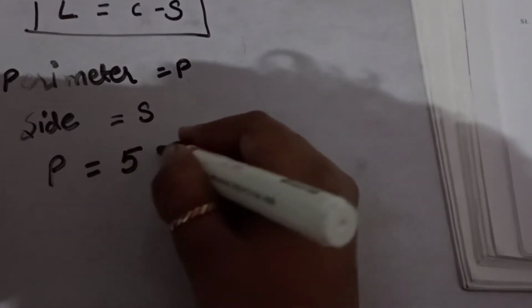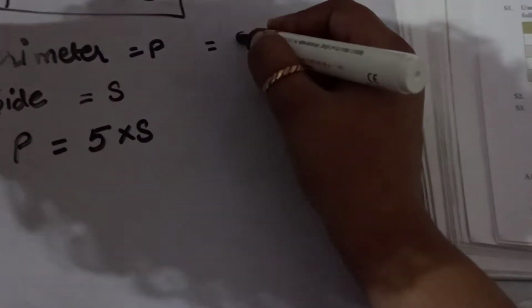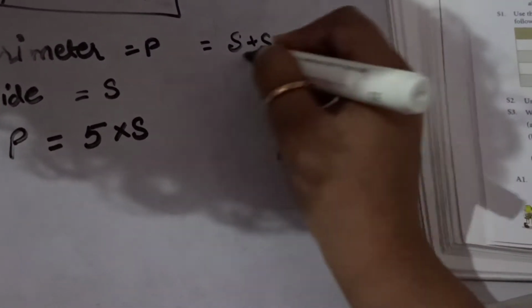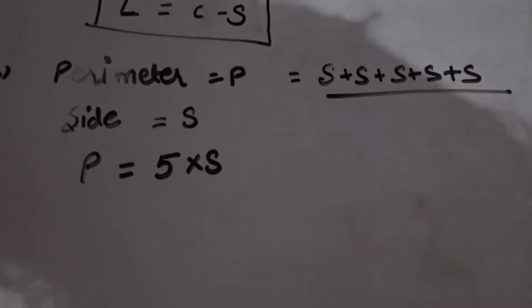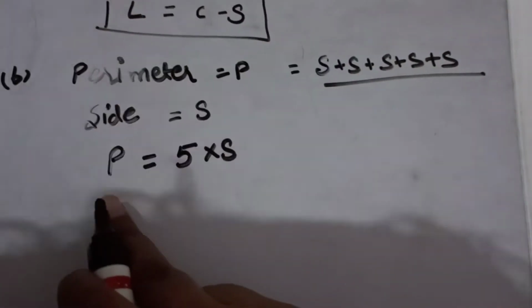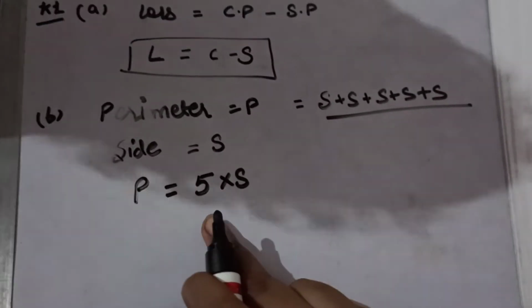So the formula of perimeter is P equals 5 multiply S. For a square, we use 4 multiply S. If you write 5 times S plus S plus S plus S plus S, then better than this we will write 5 multiply S. Clear? Here P depends on S and 5 is the constant.